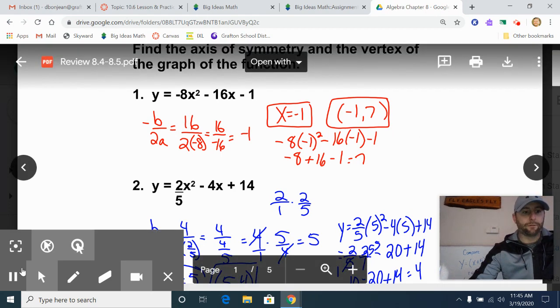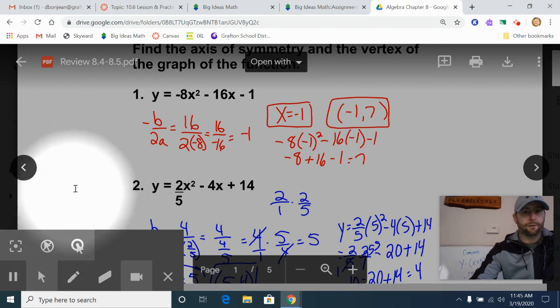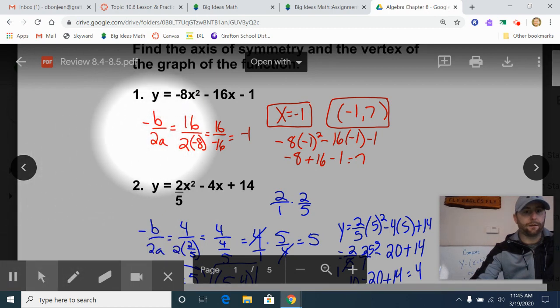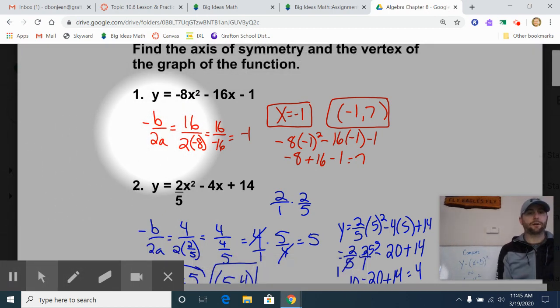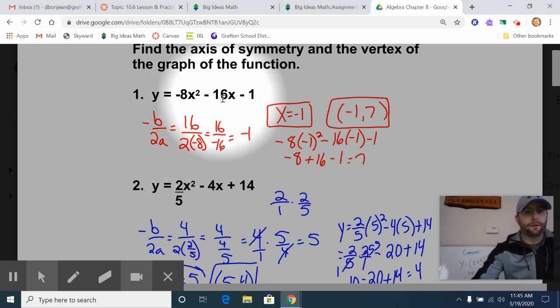Real quick, I want to review this formula that we talked about, negative b over 2a, which we use to find the x value for the vertex, while simultaneously finding the axis of symmetry. Remember that our negative 16 is our b value, and our negative 8 is our a value.